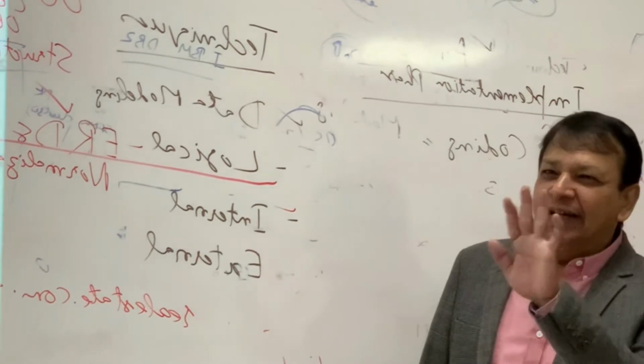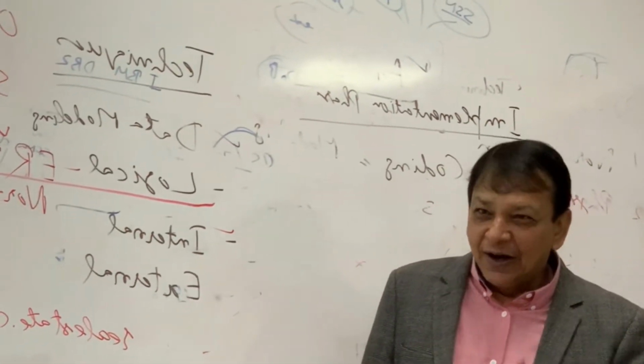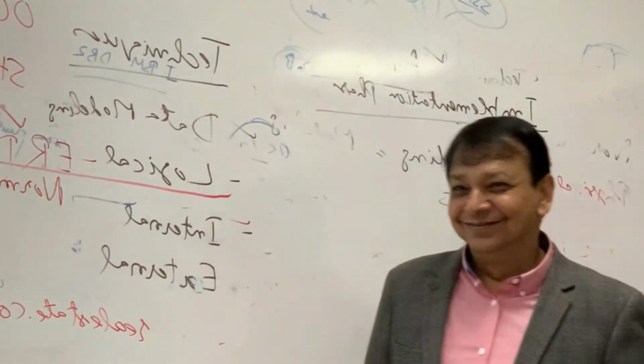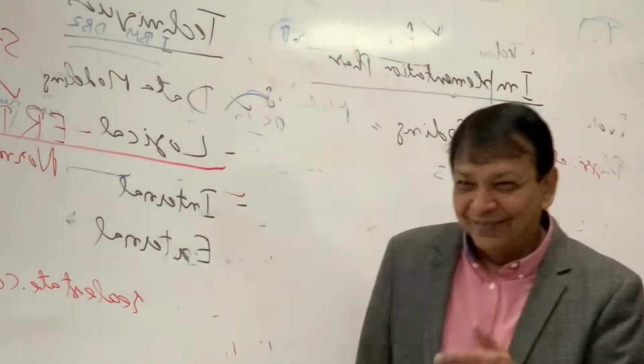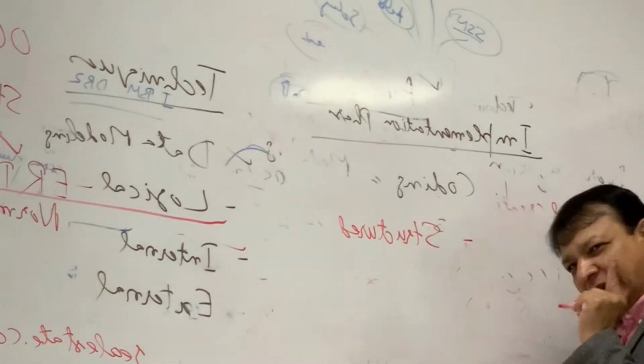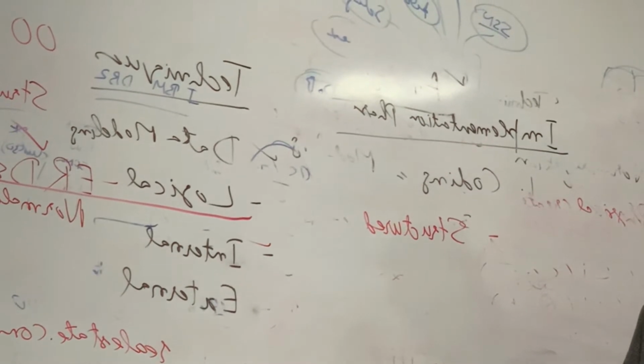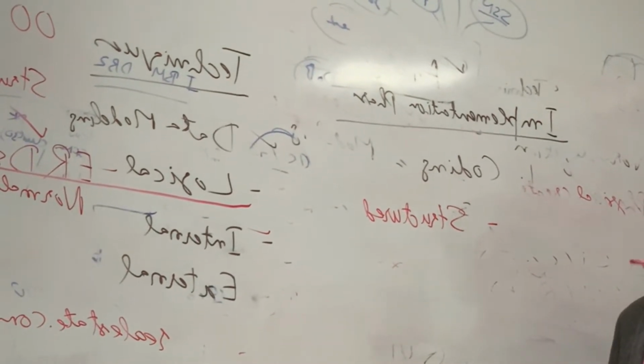We have 4 techniques. We have structured programming, object-oriented programming, declarative programming, and event-driven programming. This is your ABC as an IT student. You cannot forget them, like you cannot forget your name.